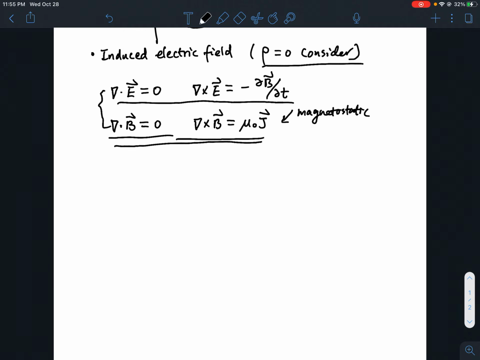You see that this side is 0. On this side, in principle, we just need to replace this mu 0 J with minus partial B over partial t.